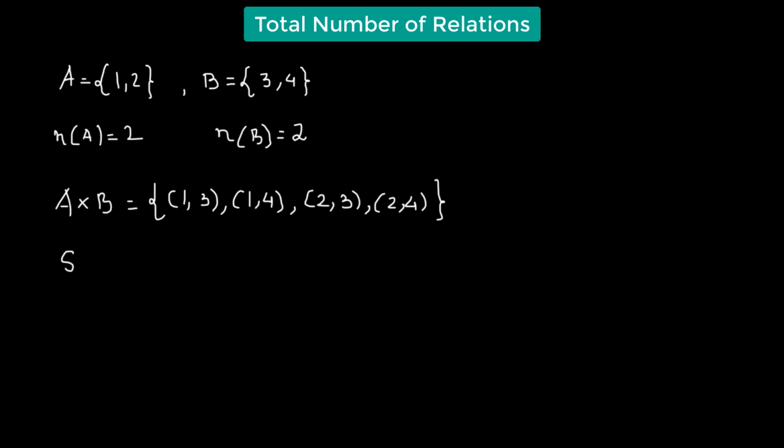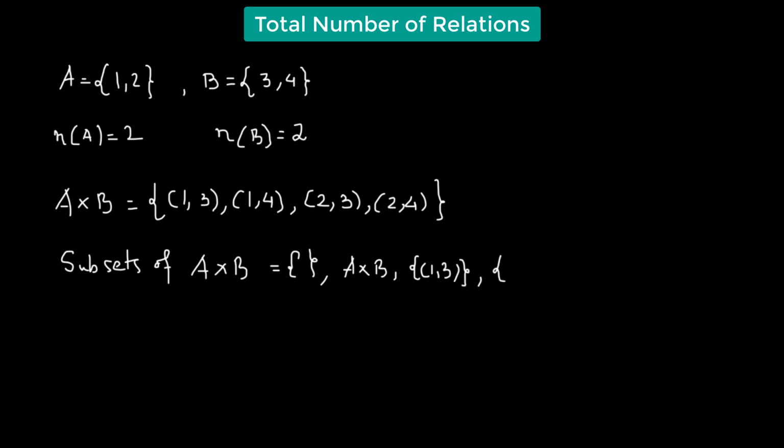Now we'll try to find the subsets of A cross B. The first one will be the null set, then we have the set A cross B itself, then we have {(1,3)}, {(1,4)}, {(1,4),(2,3)}.